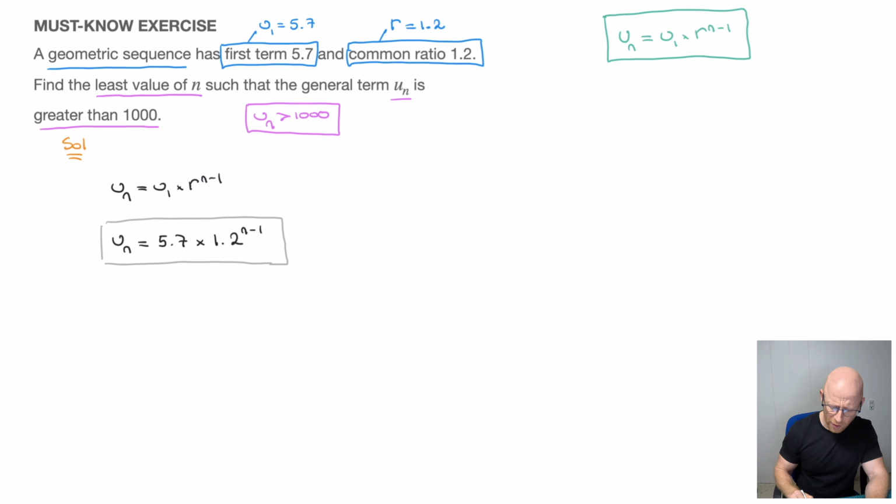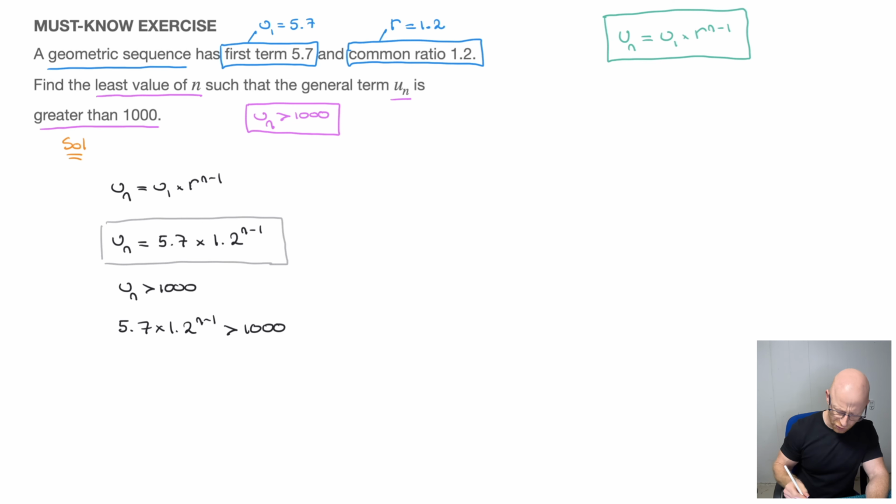Now remember, we're trying to figure out the least value of n such that the general term, so this thing here, is greater than 1000. In other words, we need to solve u sub n, the general term, is greater than 1000. But now, since we know that the expression for u sub n is 5.7 times 1.2 raised to the power of n minus 1, this inequality turns into 5.7 times 1.2 raised to the power of n minus 1 is greater than 1000.